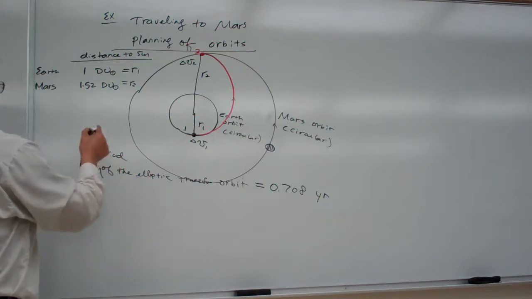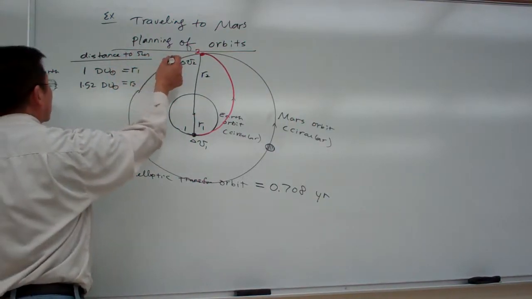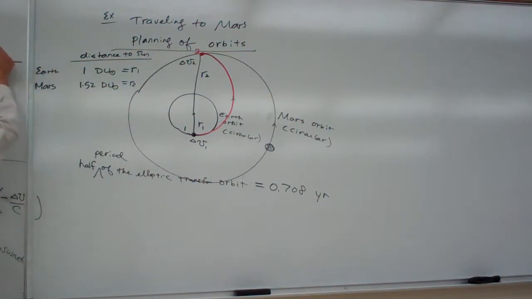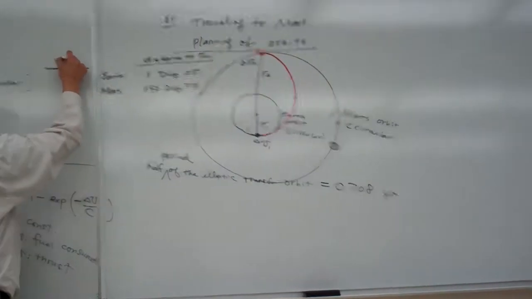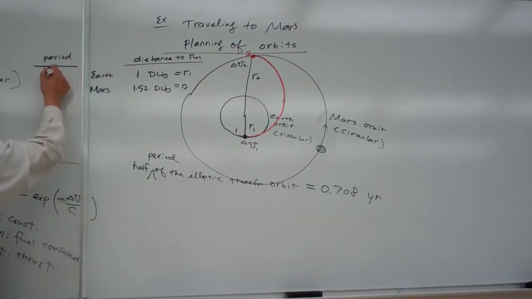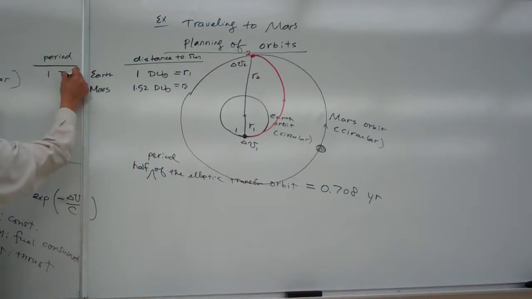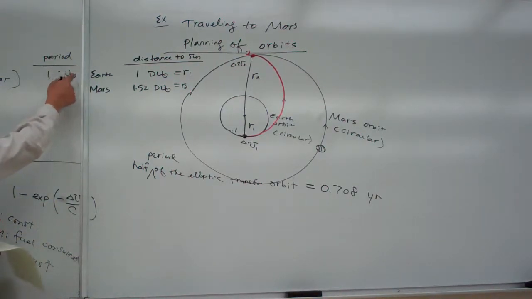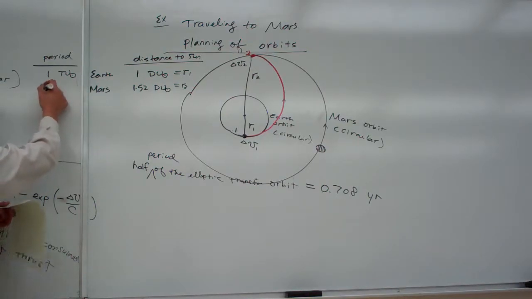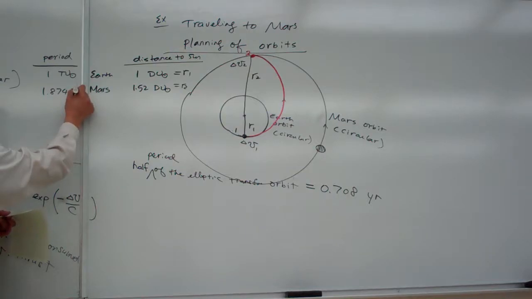And we can determine it this way. So sorry, here let me say the period. For Earth it is 1 year, 1 TU, say one Earth year. In terms of Mars, Mars has 1.874 Earth years.